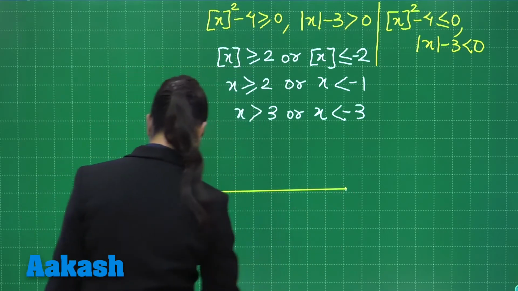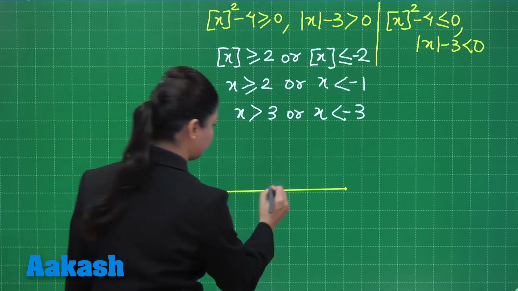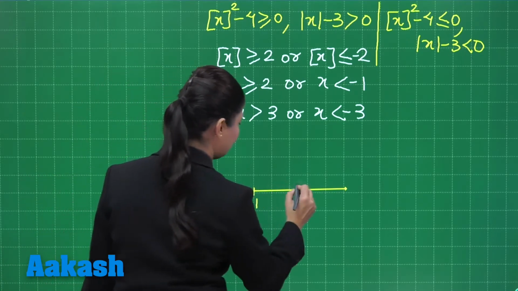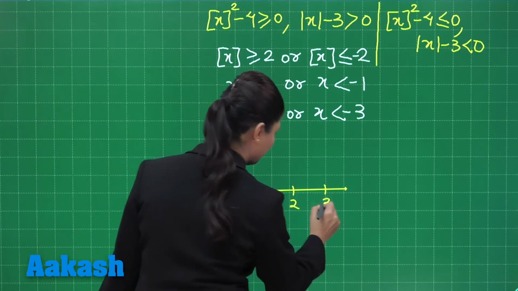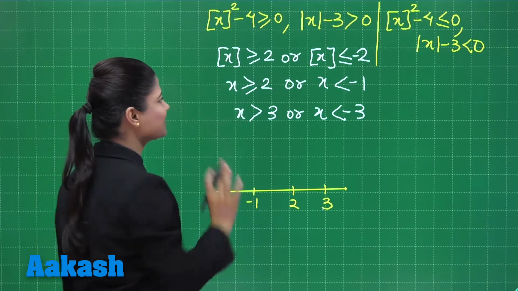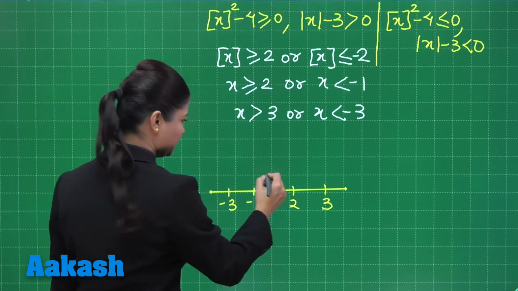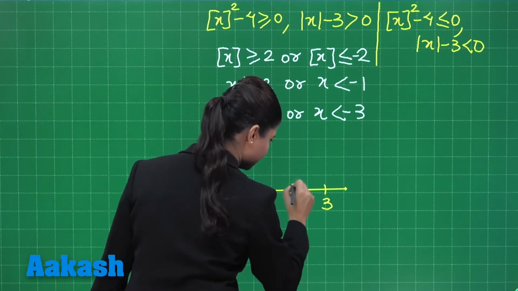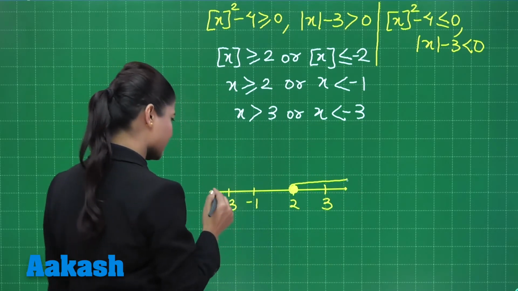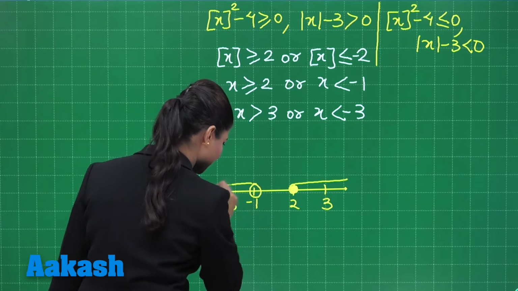On drawing the number line, you put the points minus 1, minus 3, 2 and 3. On plotting these, firstly x greater than or equal to 2 will consider this range. For x less than minus 1, you consider this range.